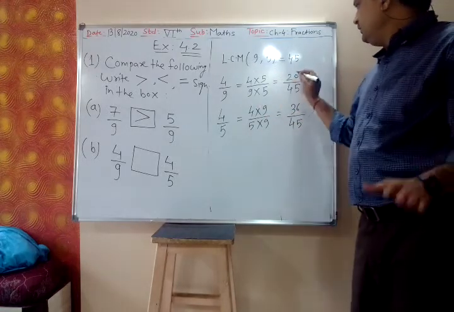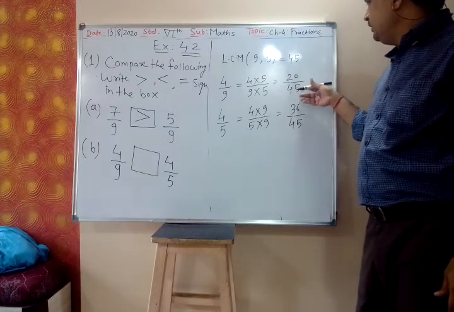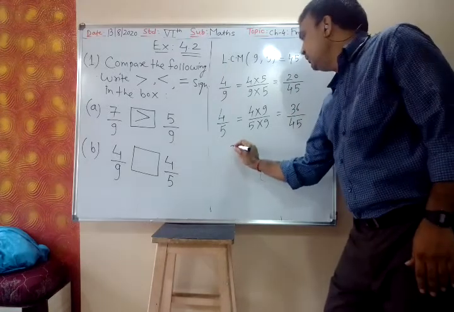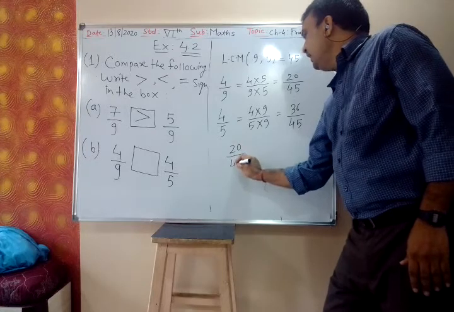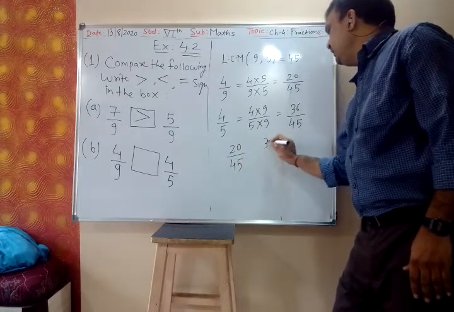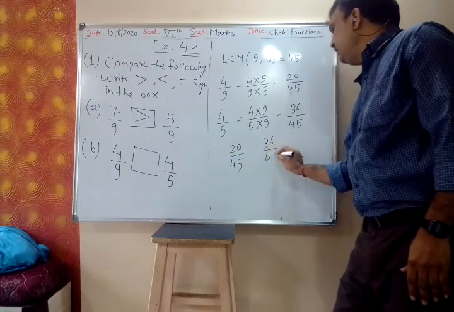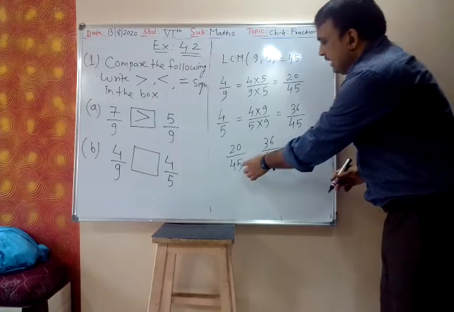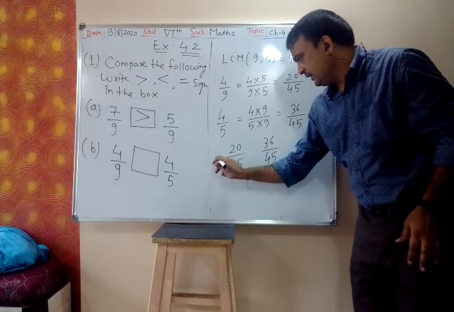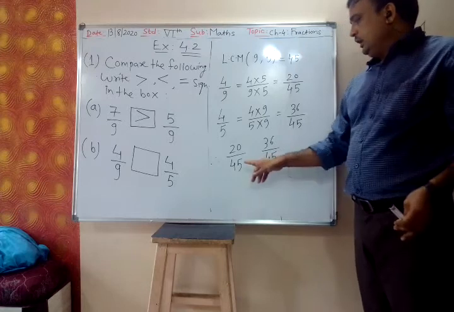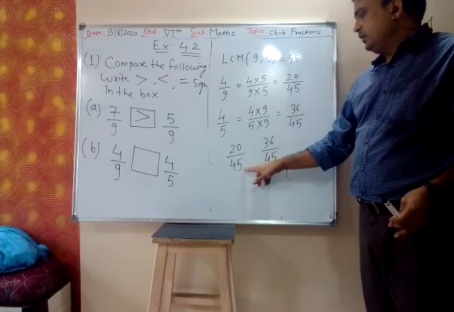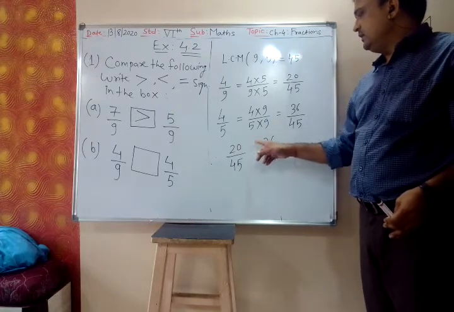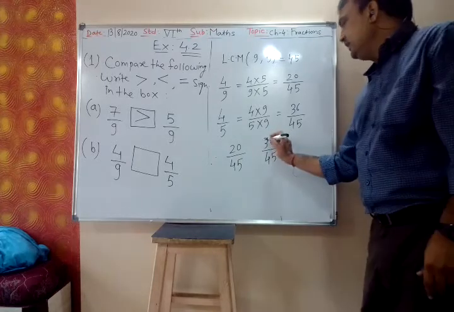Now we have two numbers, 20 upon 45 and 36 upon 45. Now both are like fractions, so I will see the numerator. This is 20, this is 36. Which is bigger? 36.